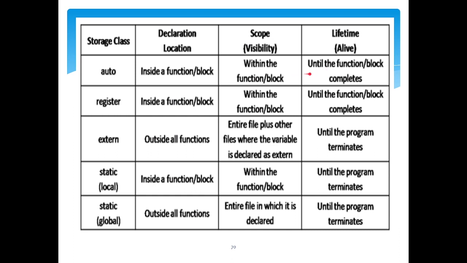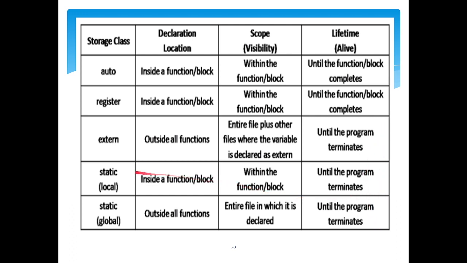Register is also the same, within that block and until the function or block completes. And static local you can check: within that block and until the program terminates. So you need to remember.